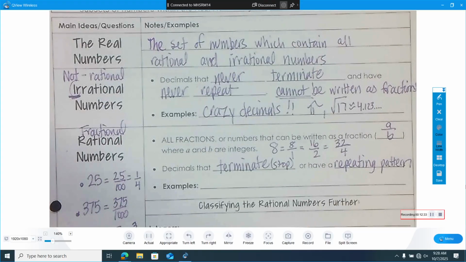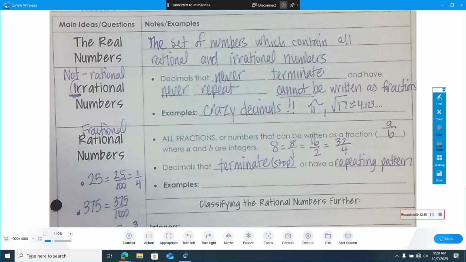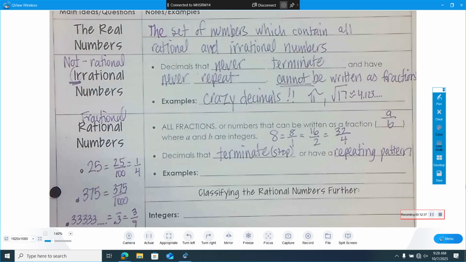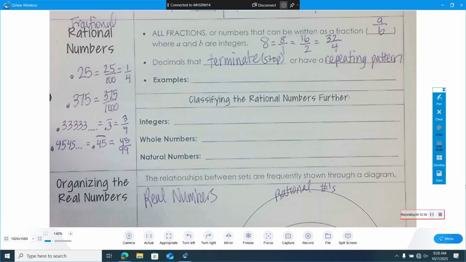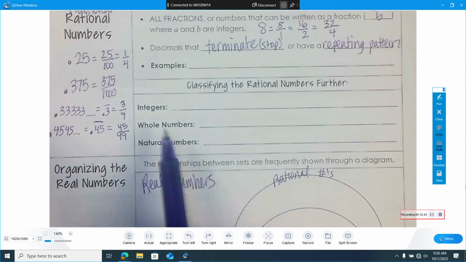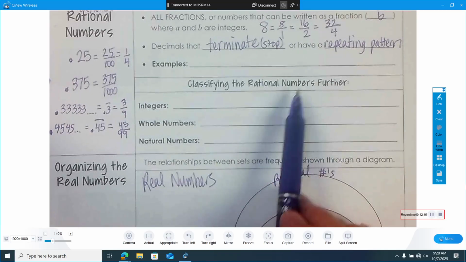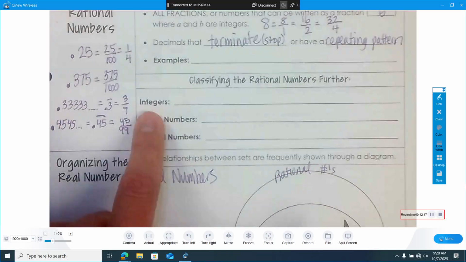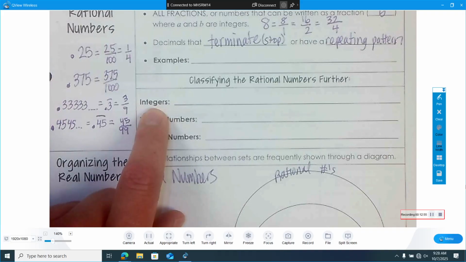All right. So we have a couple other subsets of numbers here that I want to talk about a little bit. So within our lovely rational numbers, we have a few other subsets. We've been talking about integers. What are integers? This is like day one lesson.